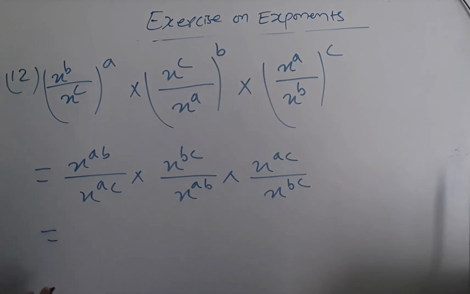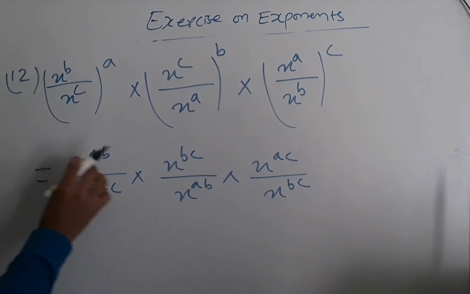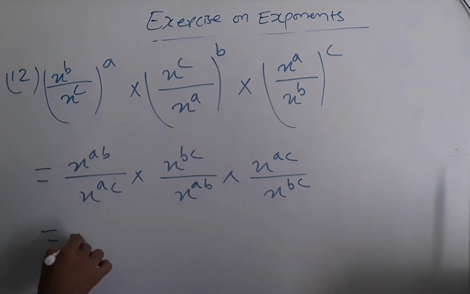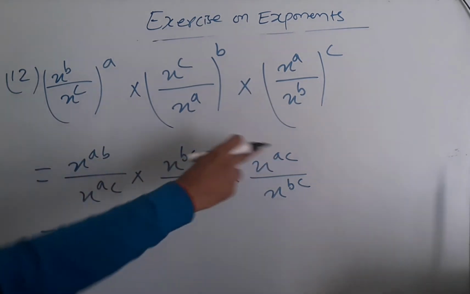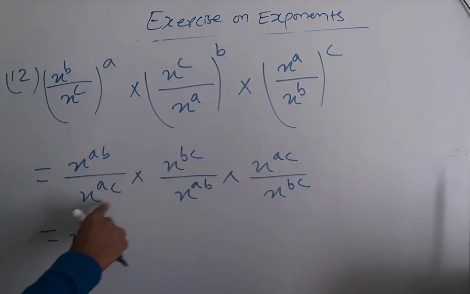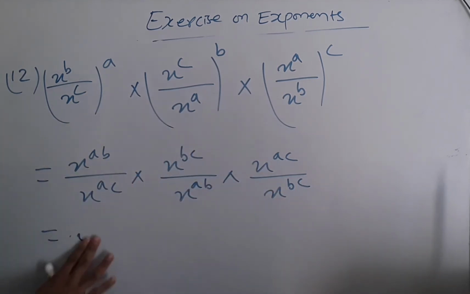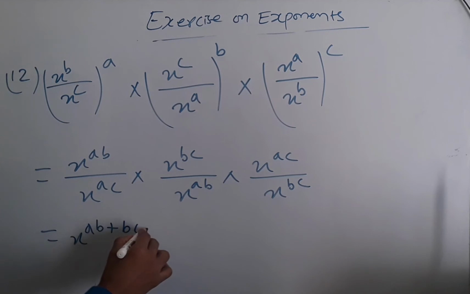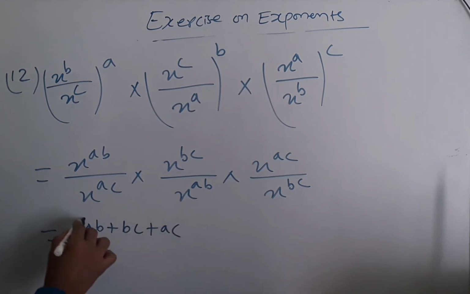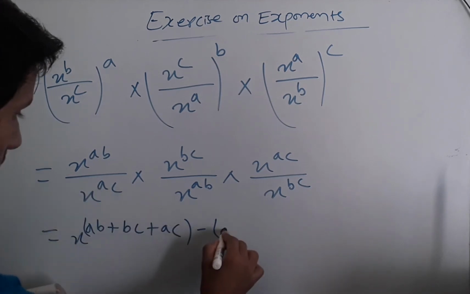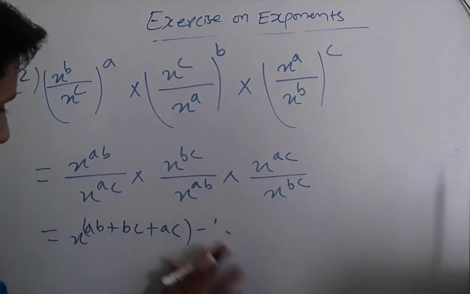Furthermore, we have the x in the base, meaning you can add up whatever is in the numerator, and whatever is in the denominator, we have to subtract it, okay? So this is going to be x to the power ab plus bc plus ac, all minus this whole thing, and let's write it without brackets, okay?